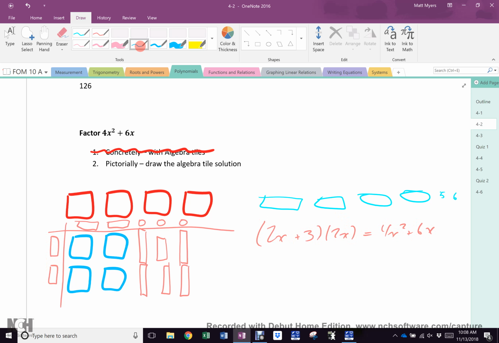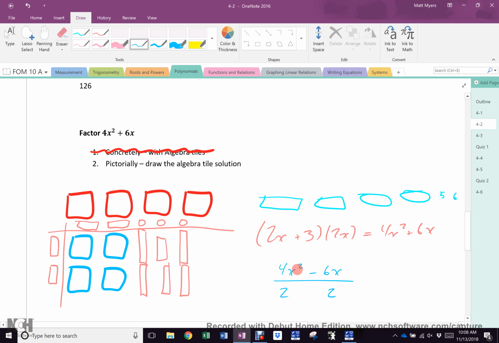And, of course, I can do it with algebra. 4x squared plus 6x. Out of that 4, I can take 1, 2, or 4, yes? Out of the 6, I can take 1, 2, or 3, or 6, yes? What's the only one that's common? 2. Out of that x squared, I can take how many maximum x's?